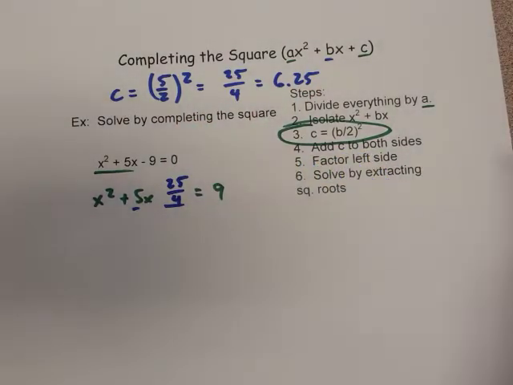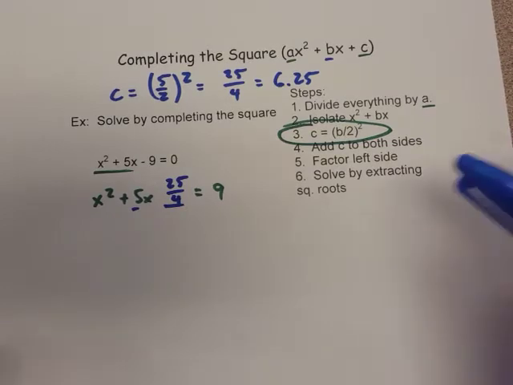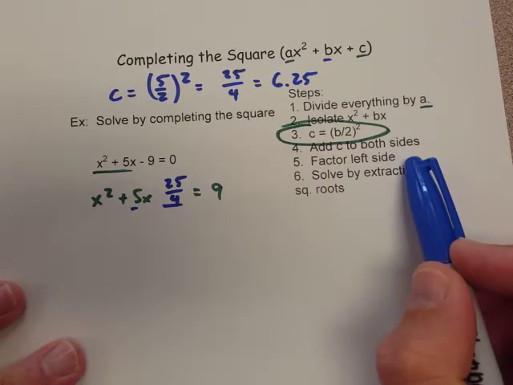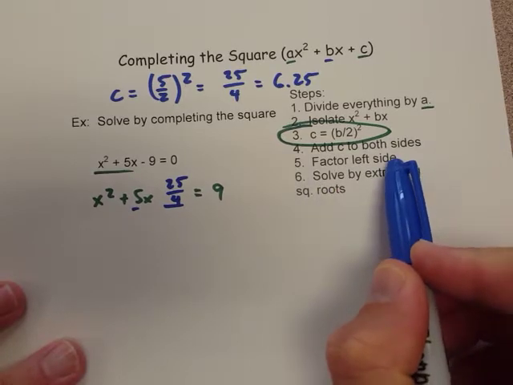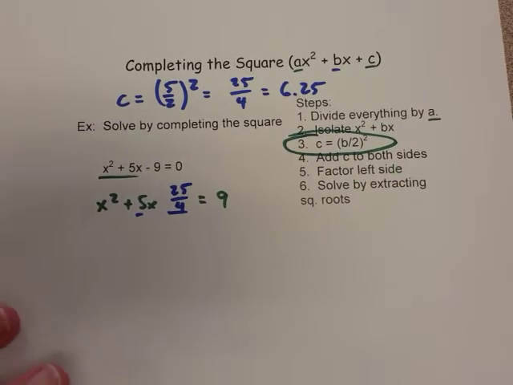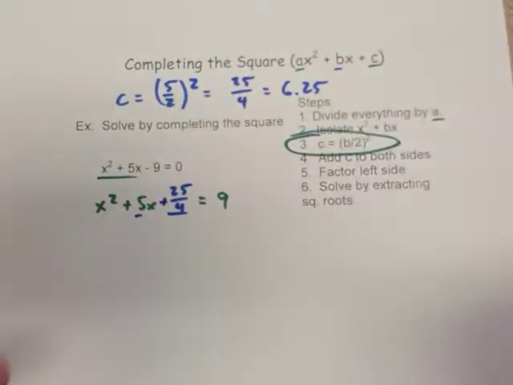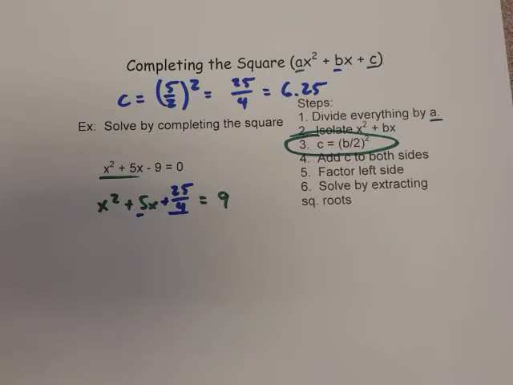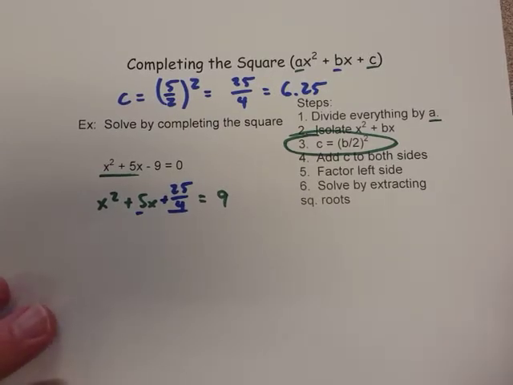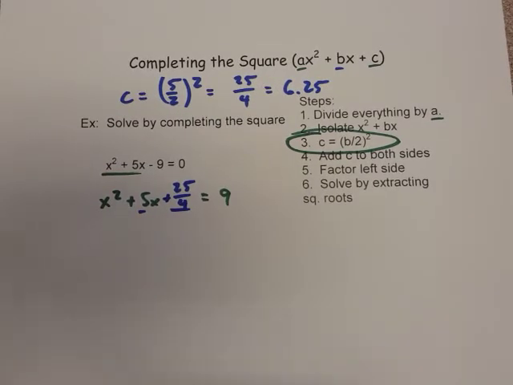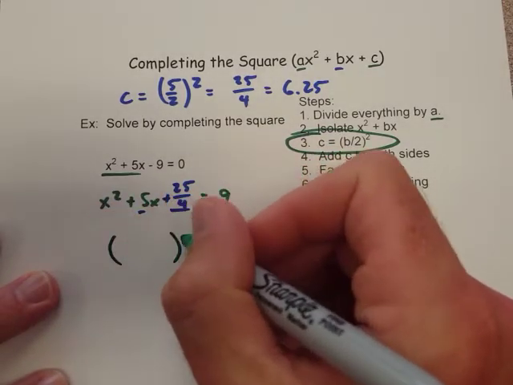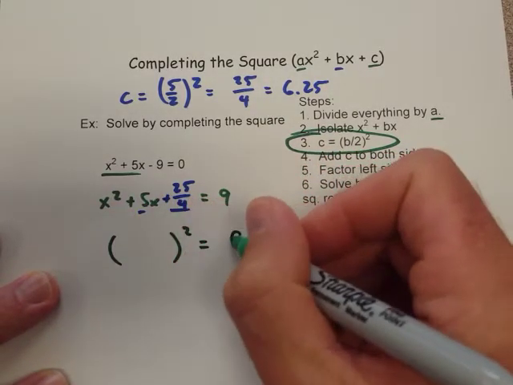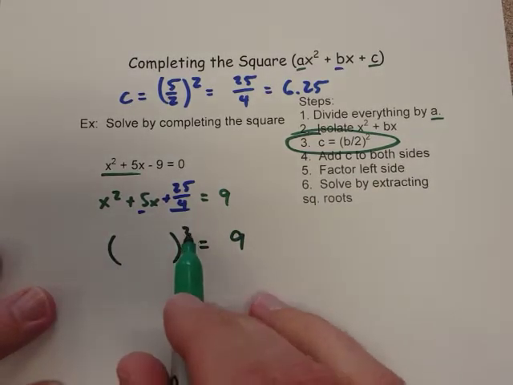Now, this is the time where I can actually use this factoring method on the left-hand side. What we're going to do, it ends up making a special factoring pattern called the perfect square trinomial pattern. This is the part that might be a little confusing at first, and let me know if you have questions on this part when you're in class. But we're going to factor this side. If we use this pattern, the way it's set up is that we can count on that side to be something squared.